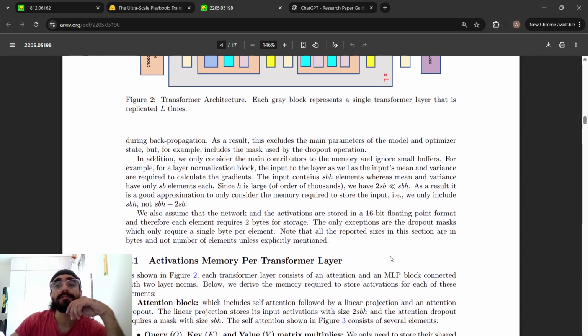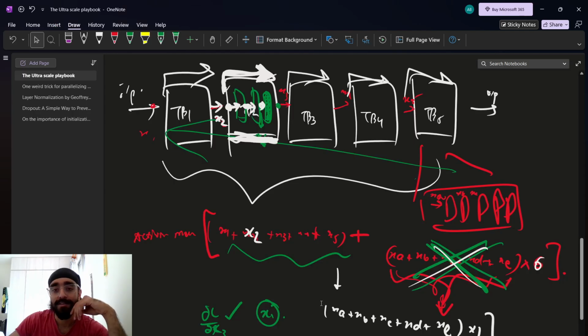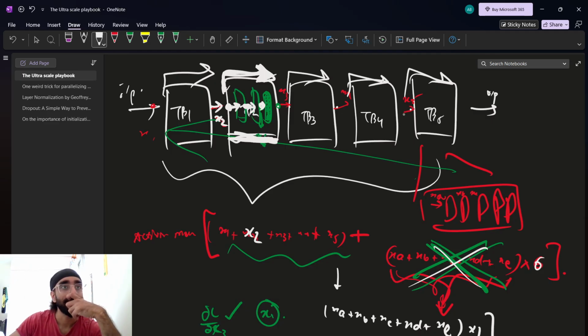So in this paper, rather than storing the activations for just the inputs of the transformer block, they are trying to do something smarter. Because here, if we store the activations for the inputs of all the transformer blocks, we also need to recompute all of this, right?